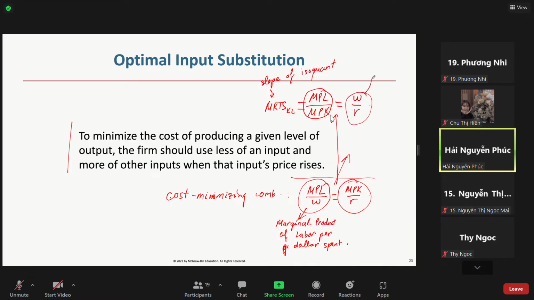The input price ratio is the absolute value of the slope of the isocost line. Okay, that's a key point.